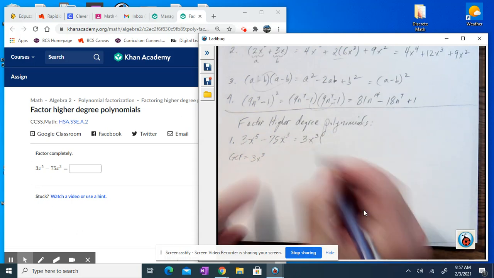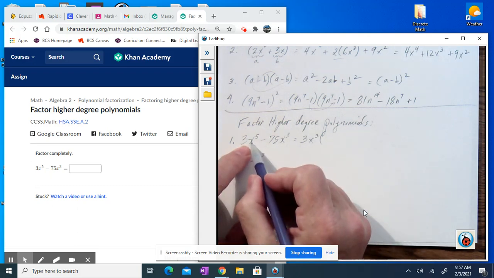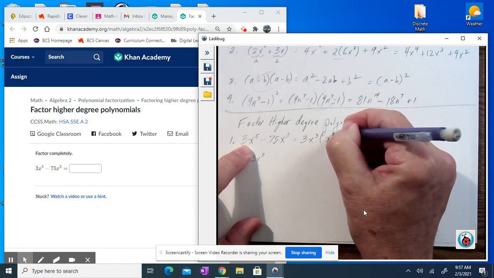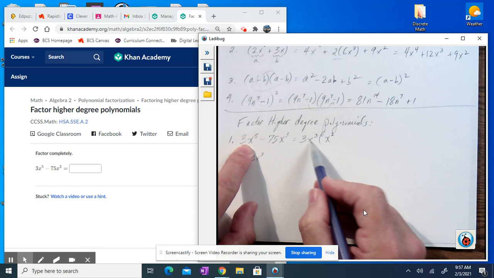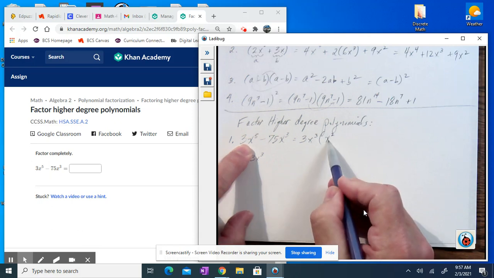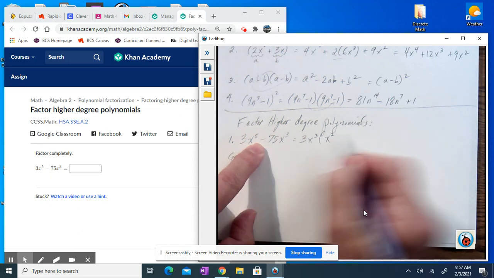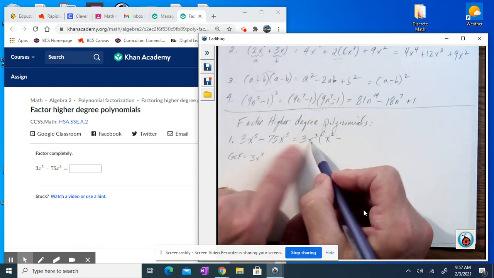And let's see what that leaves us with. If I factor out a 3x cubed from this, I'm left with x squared. You want to check that you did that correctly by multiplying back and making sure you get this term. 3x cubed times x squared is, in fact, 3x to the fifth. Then you've got minus here. What is this going to be?